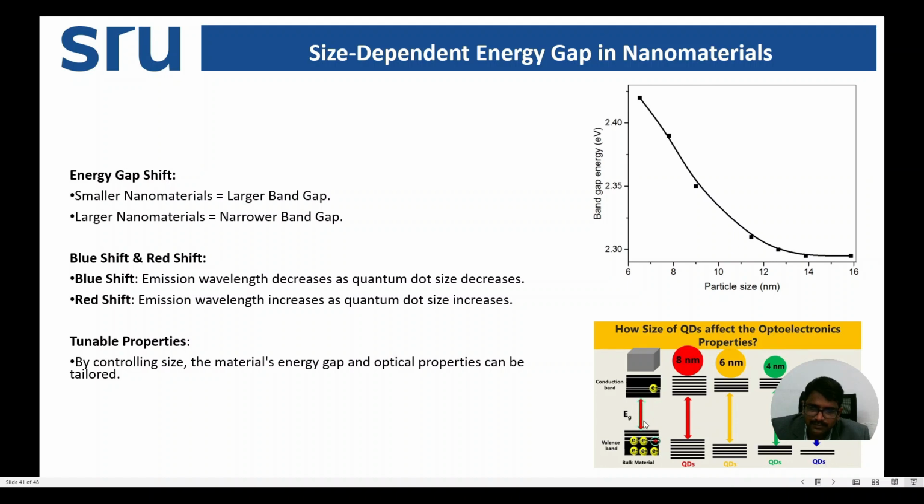Bulk, energy gap. See, the size of the particle is reducing, band gap is increasing. Here, from right to left, 16, 14, 12, 10, 8, 6, particle size reducing, band gap increasing. Y-axis, band gap.